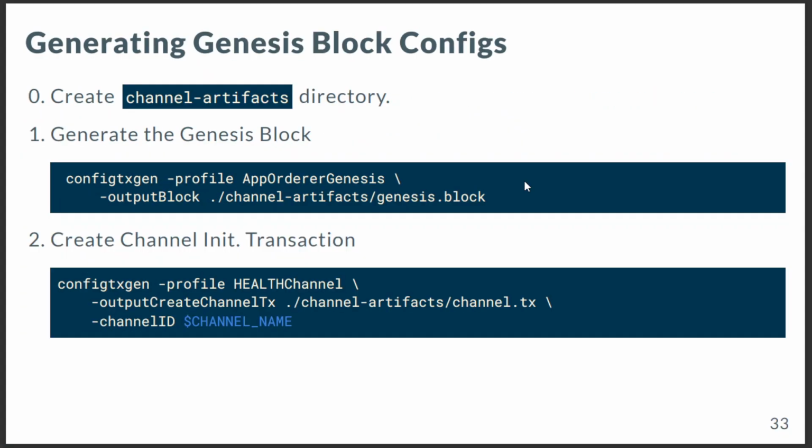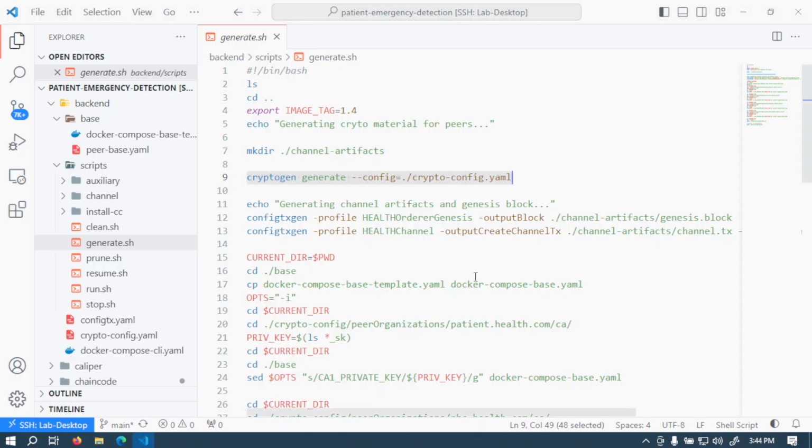And once the cryptogen is run, we use configtxgen, and with configtxgen we create the Genesis block here, and we create an initial transaction for the channel. We mention the channel name as a channel ID and channel artifacts channel.tx. So if we run this command, you see that we have these two commands, this one and this one.